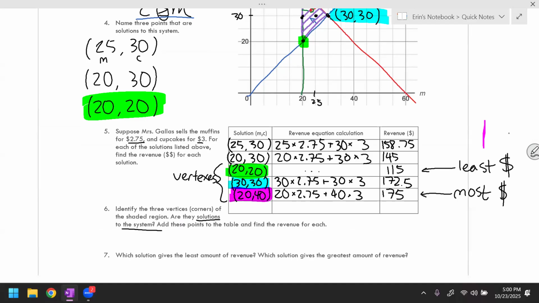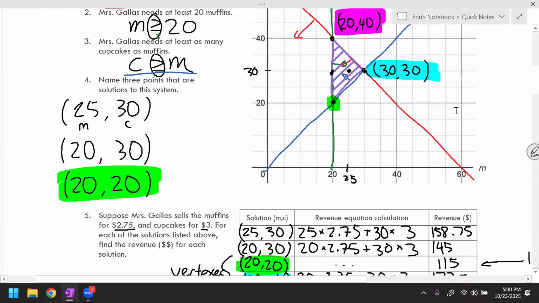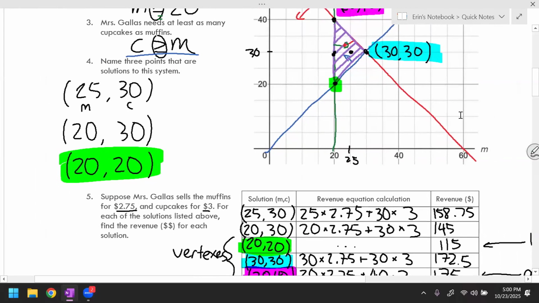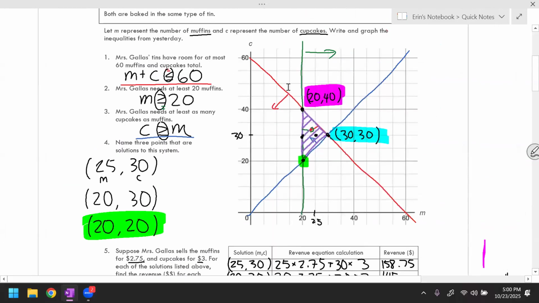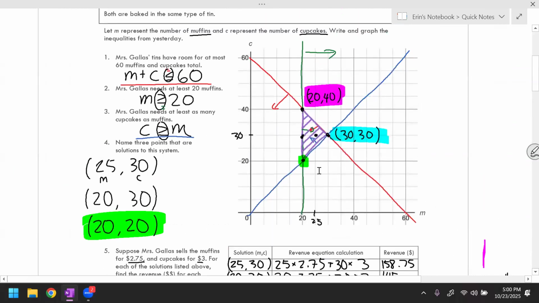The objective of most businesses, for example, is to make money. And that's the case here. We're trying to make the most money. And so on top of all of these rules we have to follow, we're adding a new layer. How much money can we make? What's the best point inside of this feasible region that gives us the most money?